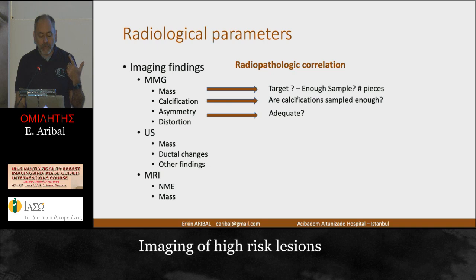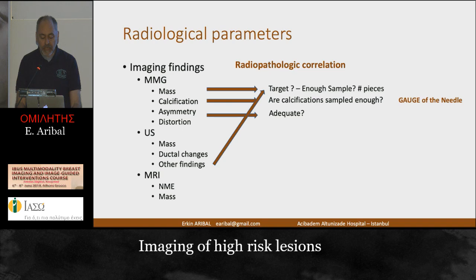Were your samples adequate? Particularly, it's very difficult with distortions. And the gauge of the needle is very important. For example, FNAB does not work in these cases. It should be at least a 14 gauge cut needle, or a better option is the vacuum biopsy with 10 gauge or 9 gauge, whatever it is.